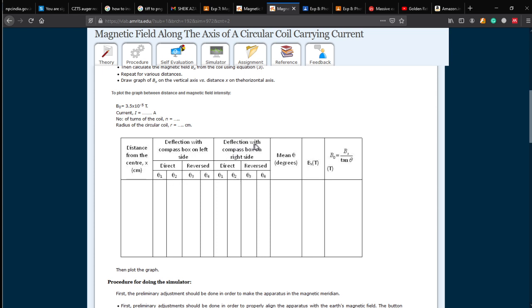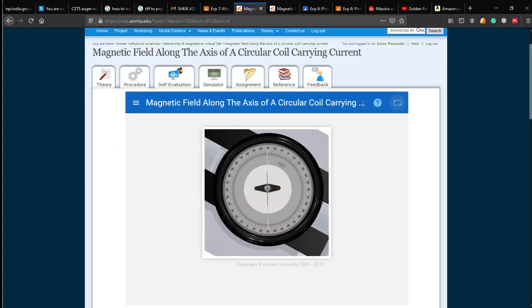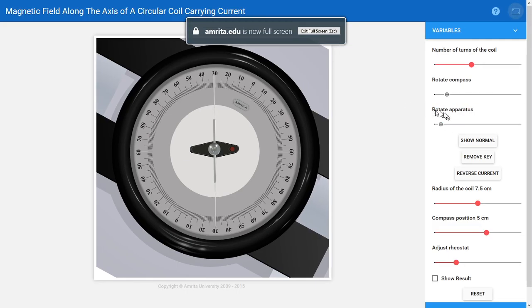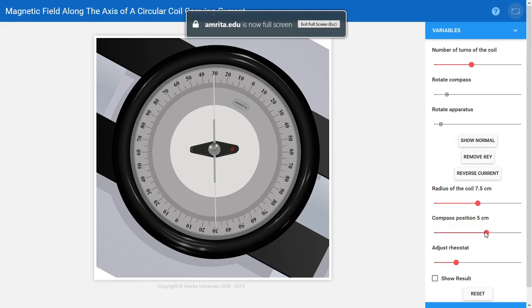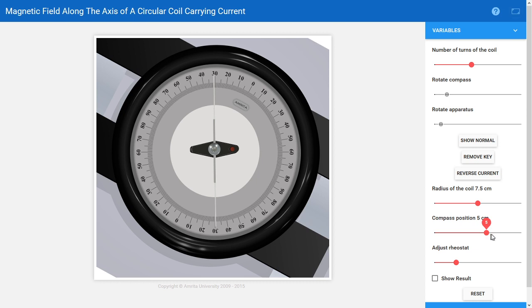Now deflection with the compass box on the right side. Now I have the compass box on my right side. Now let's go back. So I have to keep this 5 as -5. Actually I was in that portion, so I didn't reverse the current at that moment.